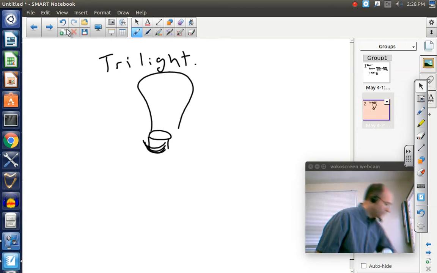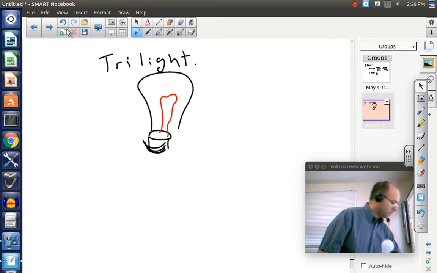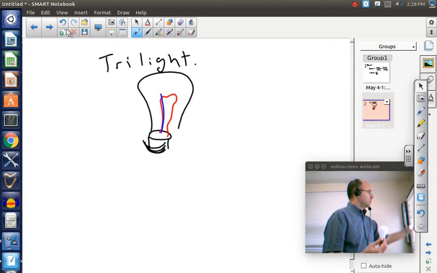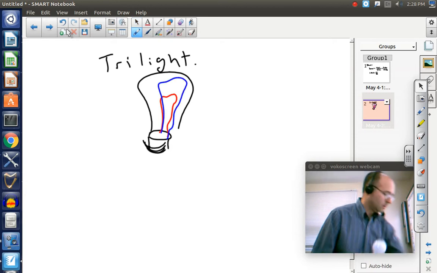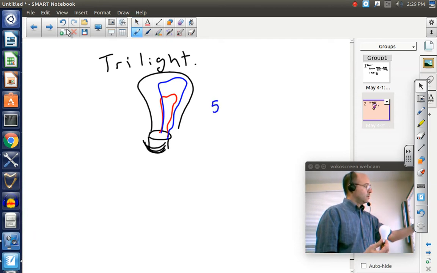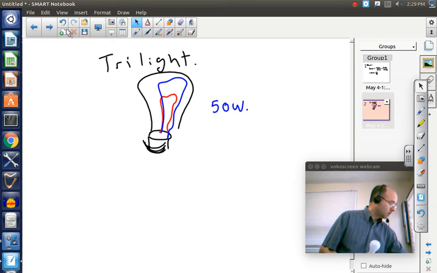There are actually two filaments inside a tri-light. There's one, and there's another. When you turn on one filament, it gives you 50 watts of light and heat.